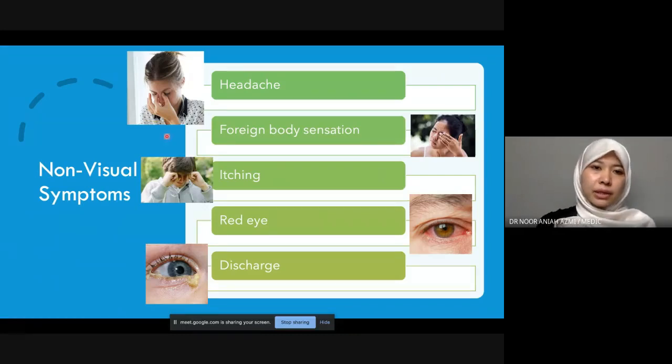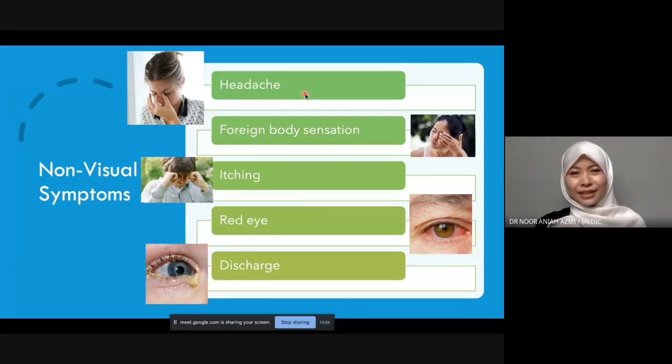Okay, and the other one includes headache. Sometimes patients complain of headache, but it's actually an eye disease. I actually had one patient that I encountered last year. This lady, she's 6-year-old. She was admitted to the medical ward because she complained of headache. So they investigated her, and she said she's really having a headache.